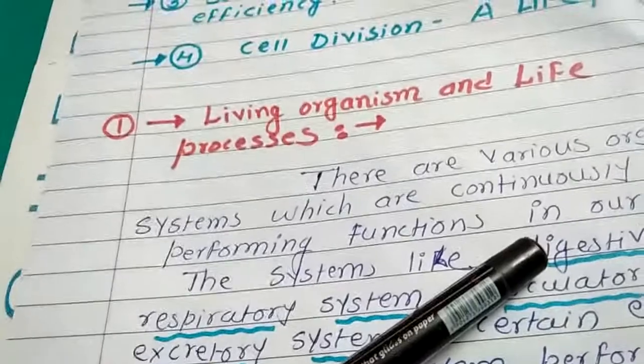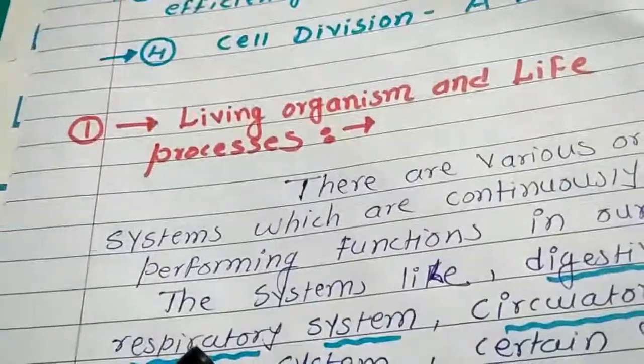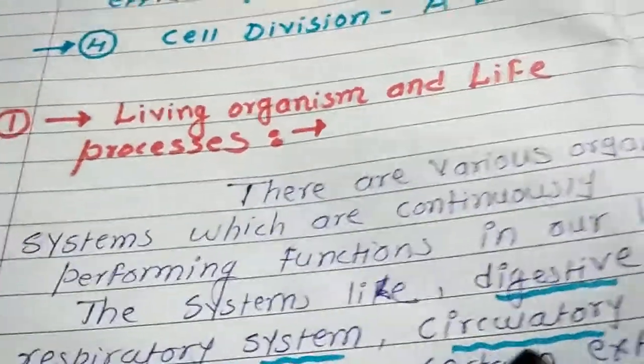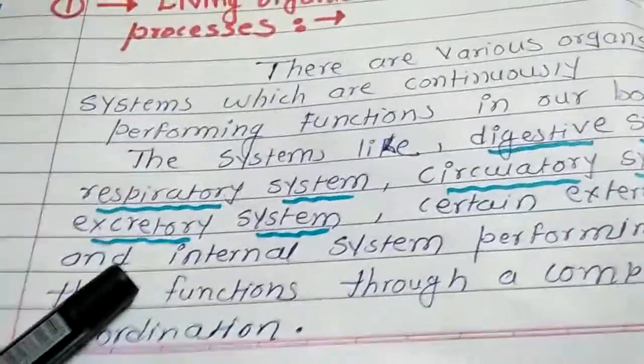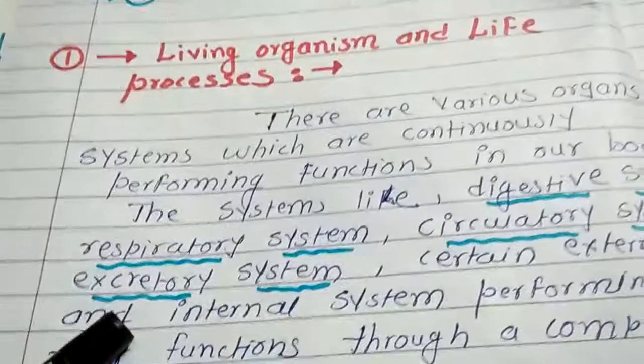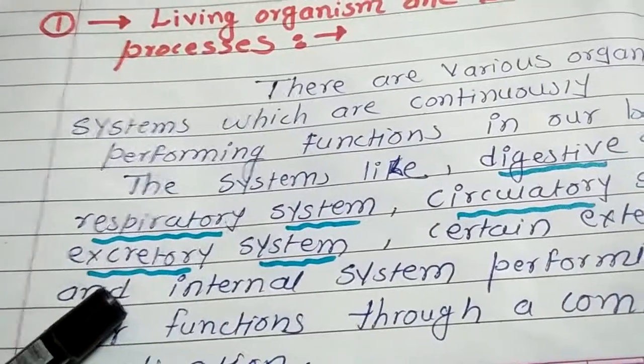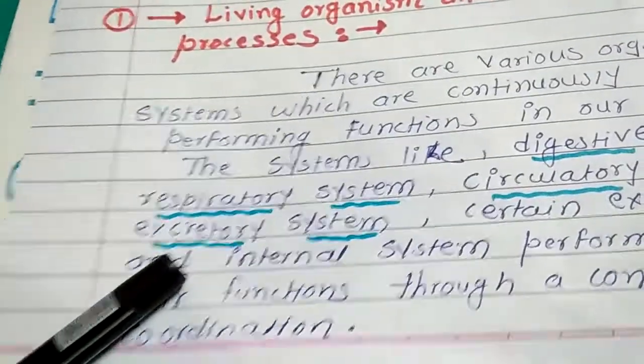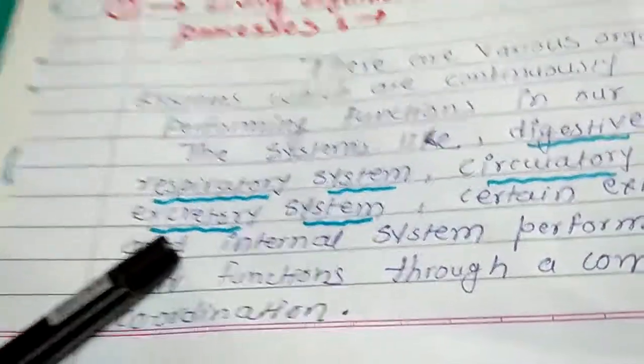There are systems like the digestive system, respiratory system, circulatory system, nervous system and excretory system, and all these systems require energy for their working.